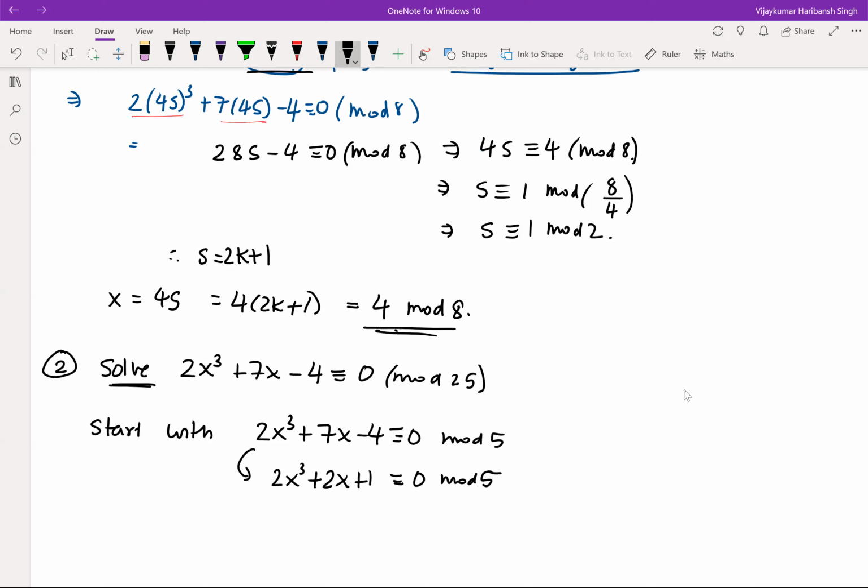Now let's check a solution which will work. You can see that x equals 1 is a solution, because if you put in x and add all of them up, you get 2 plus 2 plus 1, which is 0 mod 5. So the question is, are there other solutions?